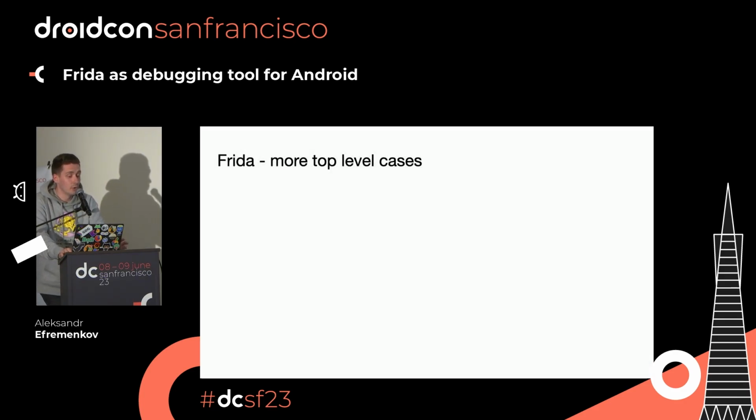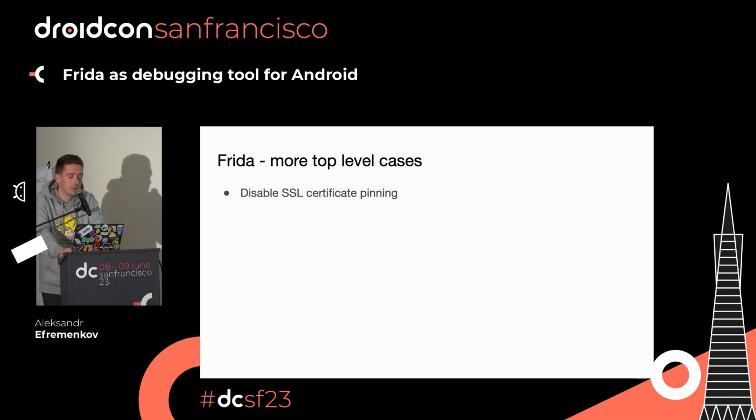What are some more top-level cases you are able to do with Frida? It's not only hooking and replacing something, but there are also so many things that the community has already created for you. One of these is disabling SSL pinning, just for testing your pre-live environment.